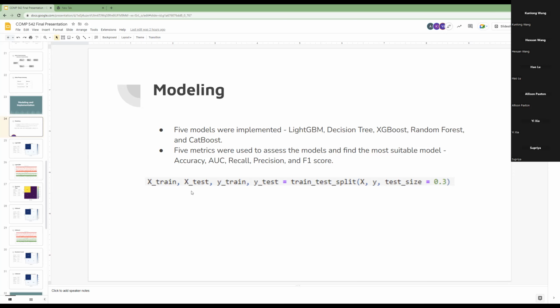Oh, because we split the training data set, 70% for training and 30% for validation, to avoid overfitting, to avoid polluting the model, and we use our model after training to test on our test data set for outputting our results.